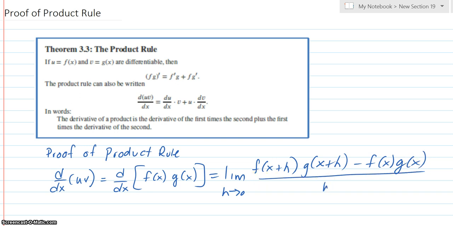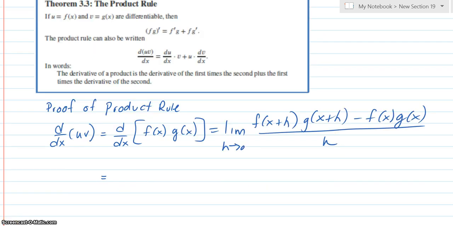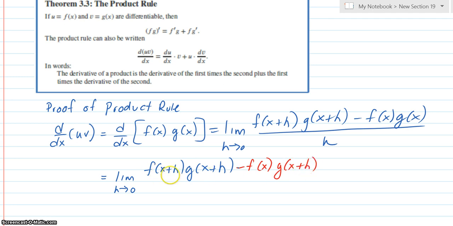all over h. And I'm going to do something kind of tricky. I'm going to add and subtract the same term inside of this fraction. So let's do it in red so you see it. So the term I'm going to add, or subtract actually, I'll subtract first, because I want f of x plus h minus f of x here.